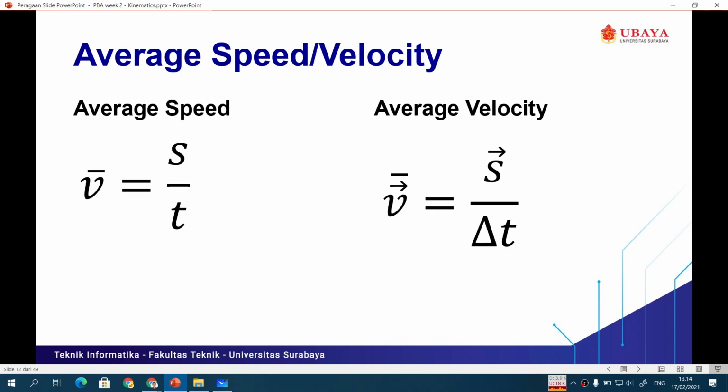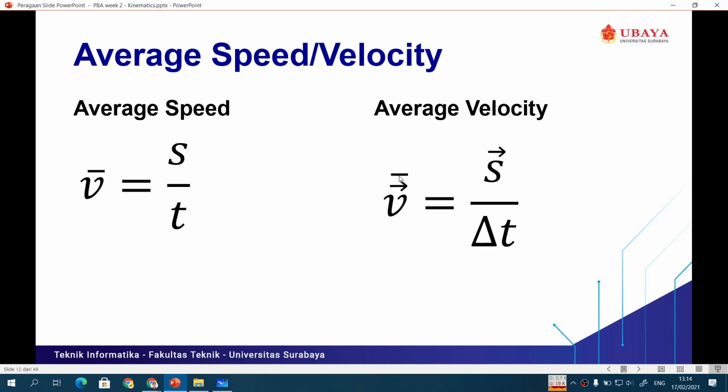Average speed is denoted by v, for velocity, but it is an average, equal to the distance over time. Meanwhile, the average velocity is denoted as v with a vector arrow above it, and we draw a straight line above the arrow.